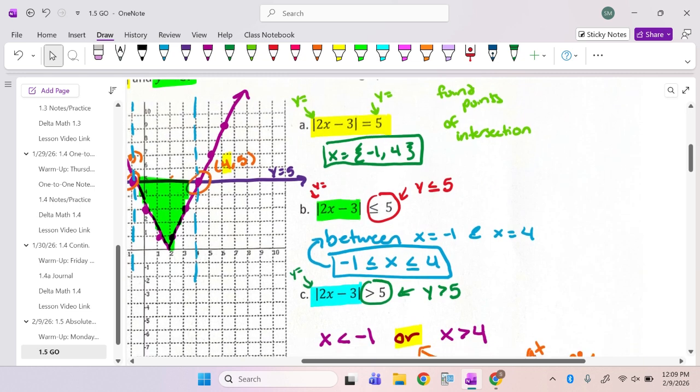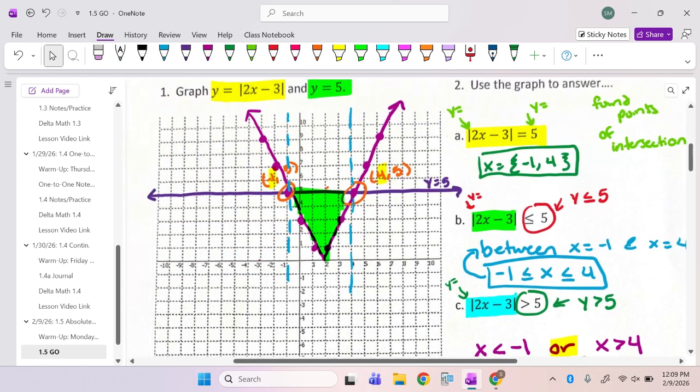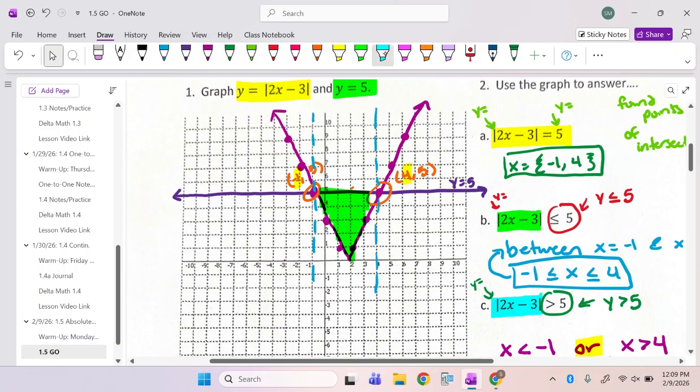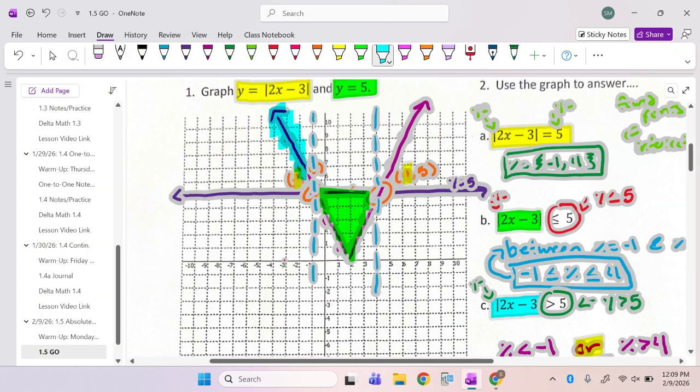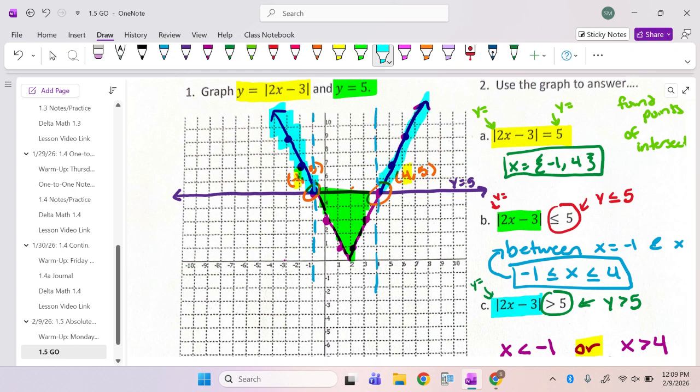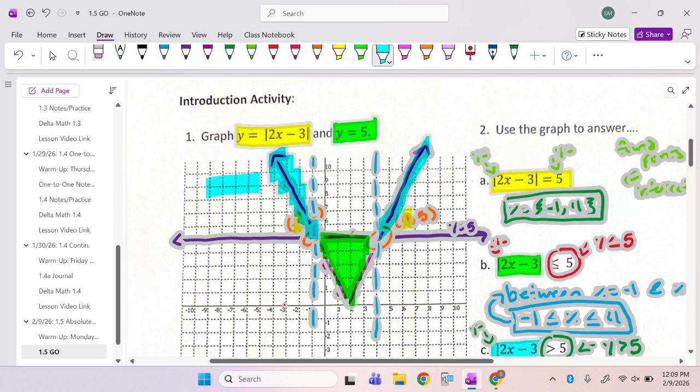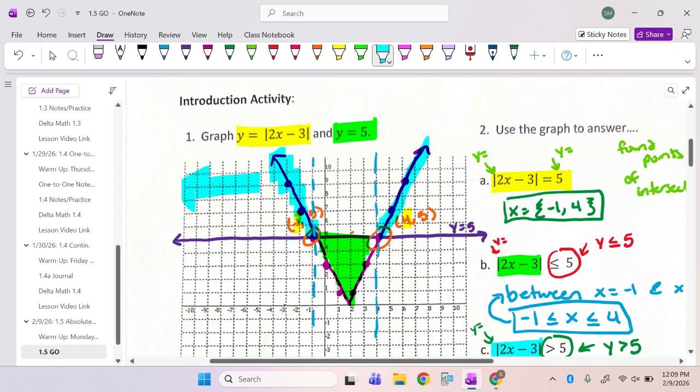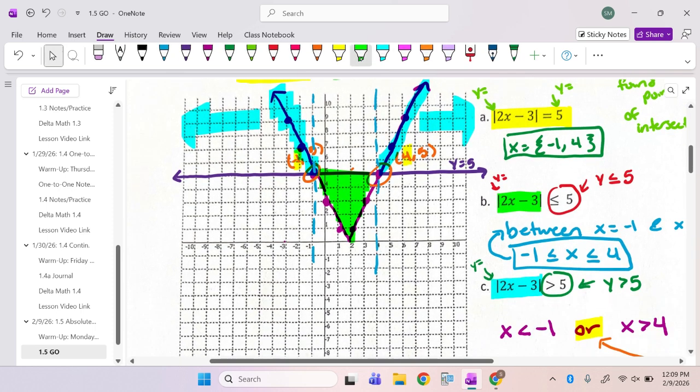So, again, if I look back at the graph, the greater than is all on the outside of the lines, and it's going in different directions. So, in other words, it's all x values that are less than -1 and all x values that are greater than 4. That's where those graphs are. Whereas with the less than, it was between the two lines.